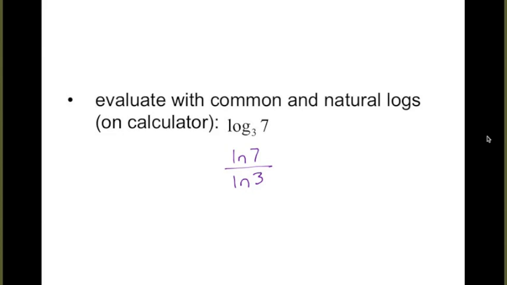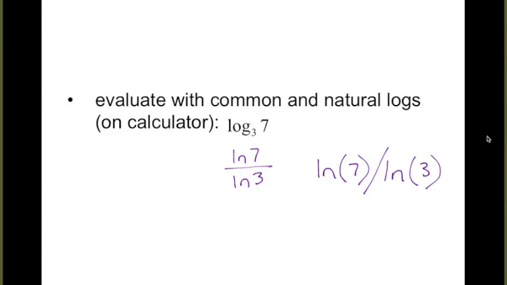So it doesn't matter whether you use a log base 10 or a natural log, the log base e, but whatever you do, do the same thing for both of them. And then you'll just type this into your calculator. So when you hit the ln button, it's going to open up parentheses. 7, make sure you close those parentheses. Divide by ln, it'll open up parentheses. And again, make sure you close those.